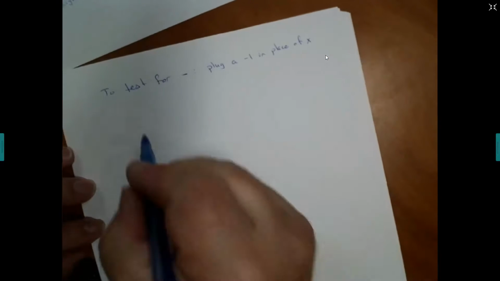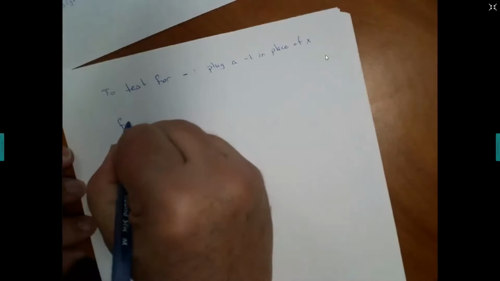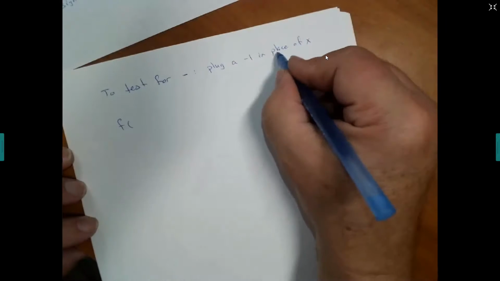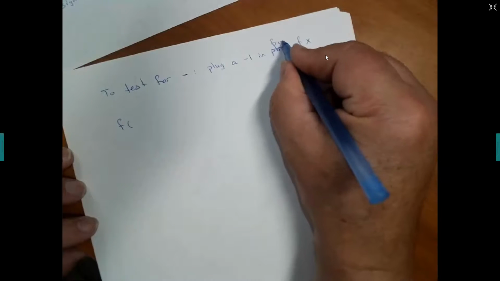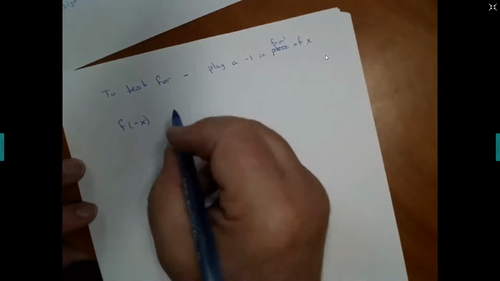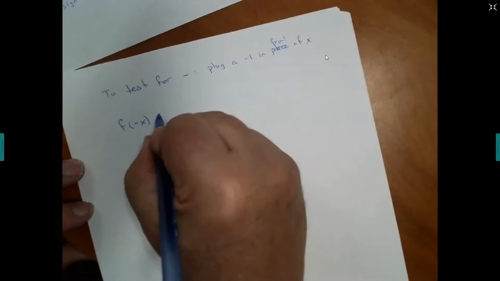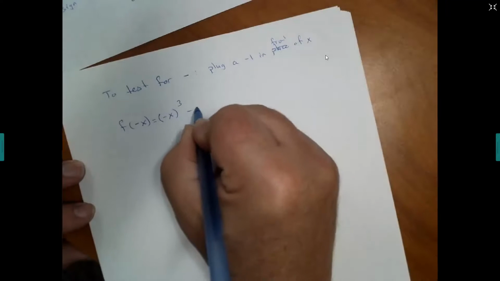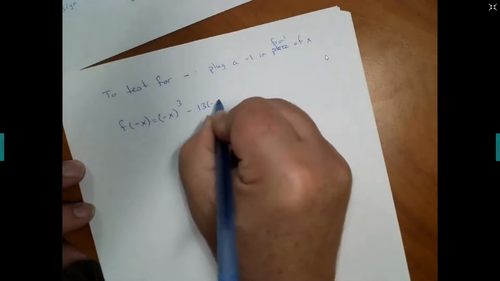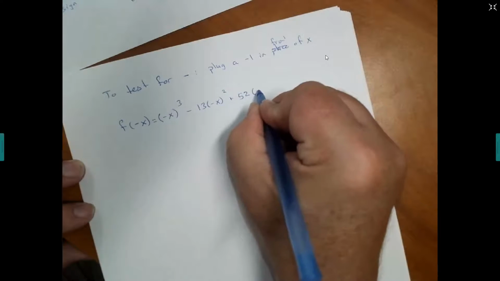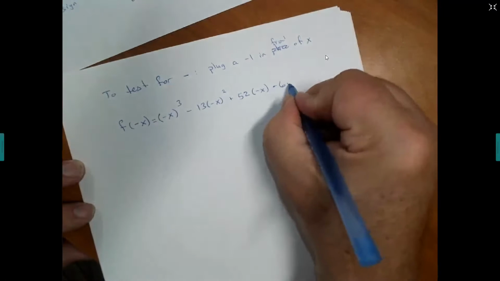Place a -1 in front of x, so now we're going to put -x. So it's -x cubed minus 13 times -x squared plus 52 times -x minus 60.